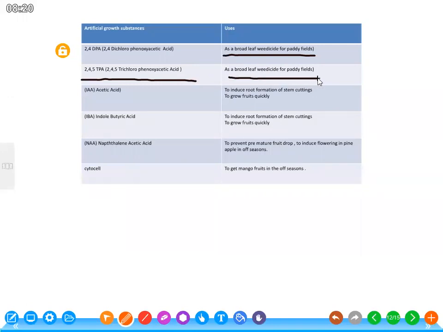Third one, IAA, indole acetic acid. It is used to induce root formation of stem cuttings and to grow fruits quickly.